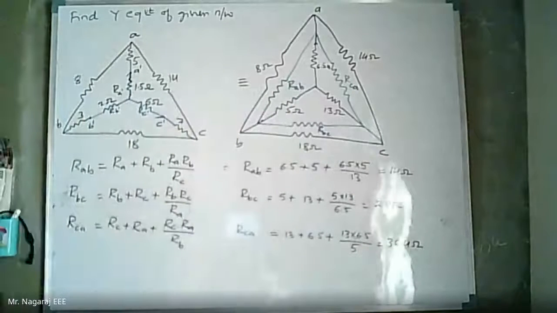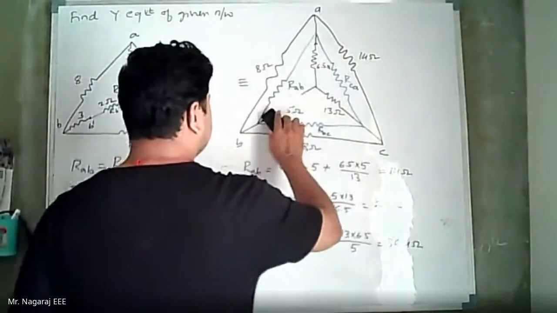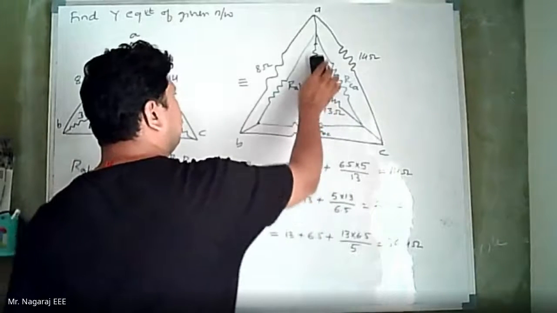Now these are the three resistances that are converted into delta from the inner star connection. So now I will replace the inner star with the inner delta.